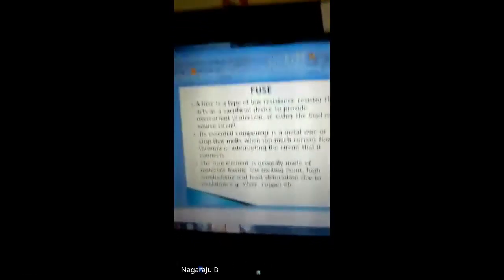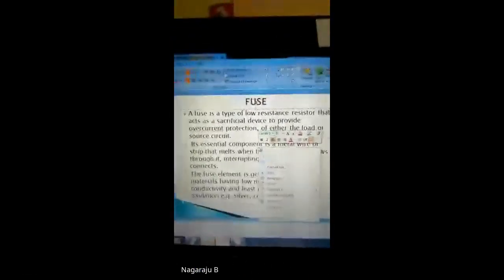Switch camera. Is it okay? The PPT screen is visible.